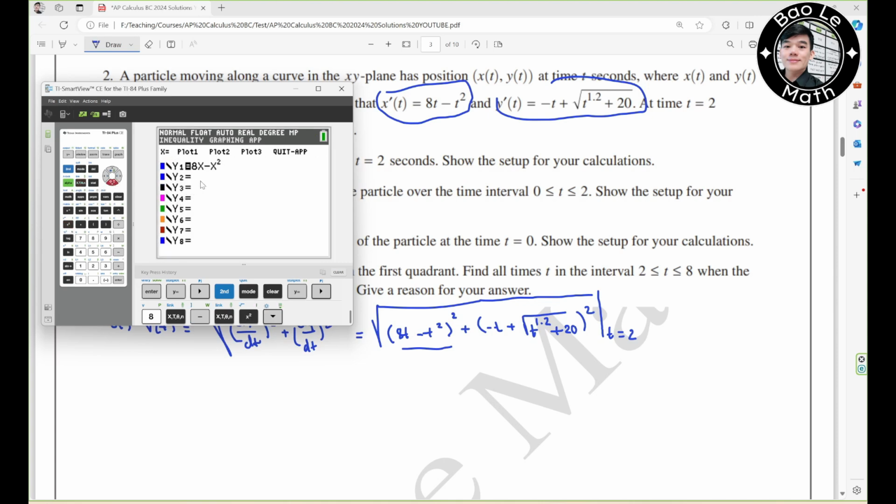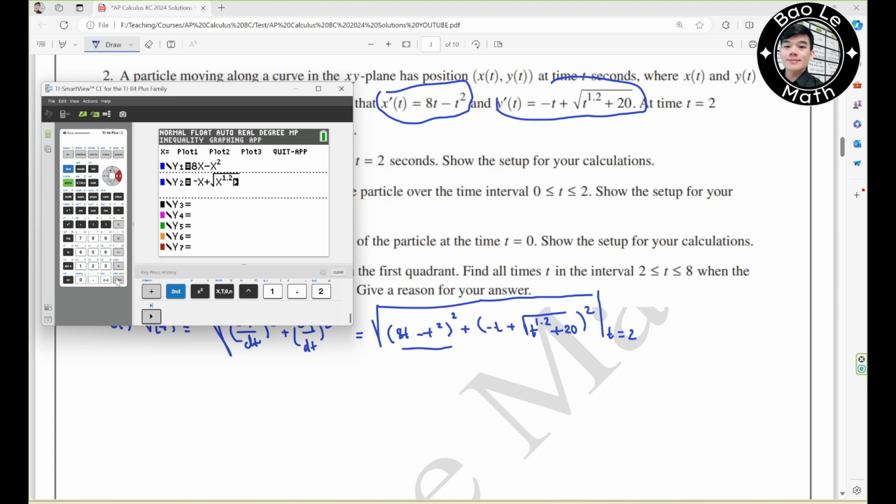The second equation is going to be this one right here, so it could be negative x plus square root of x to the 1.2 plus 20.